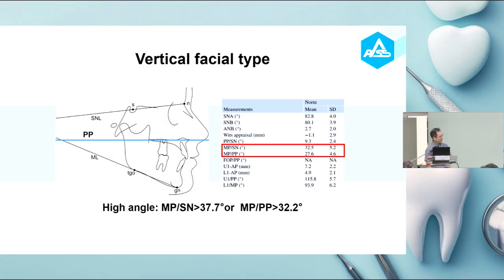So when the MP-SN angle is larger than 37 or the MP-PP angle is larger than 32, it's high angle. If the MP-SN angle is smaller than 27 or the MP-PP angle is smaller than 23 degrees, then it's a low angle.